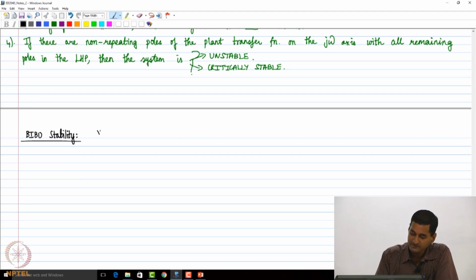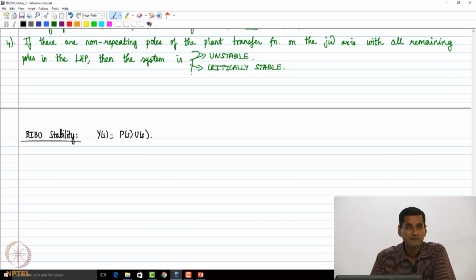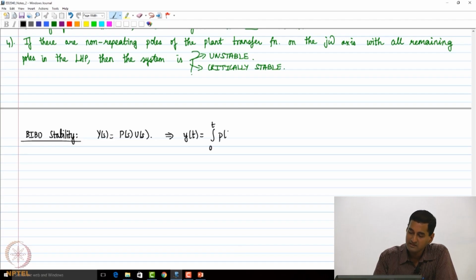We know that y of s is p of s times u of s. So you give me any plant transfer function, the output to an input u is going to be p of s times u of s. This implies that y of t is equal to the integral from 0 to t of p of t minus tau, u of tau, d tau.